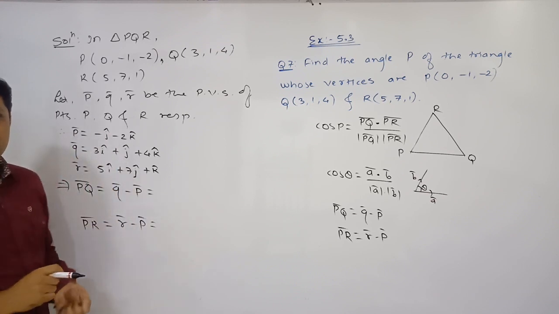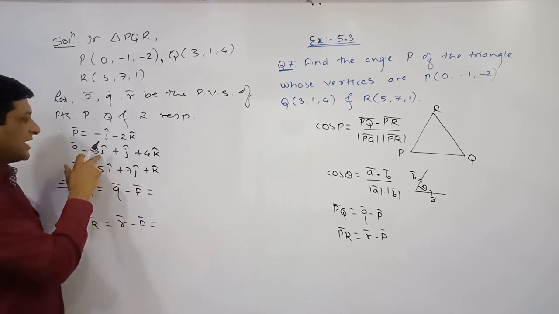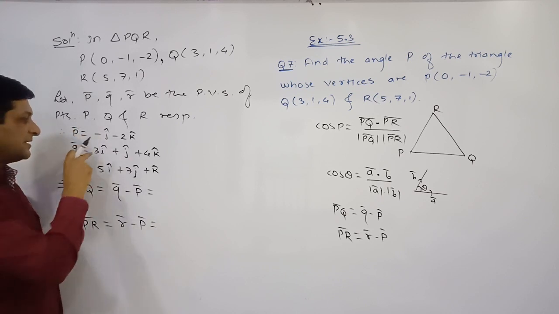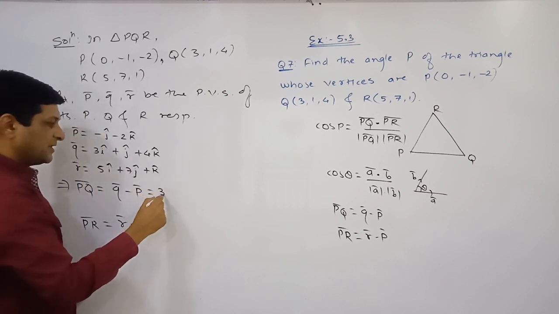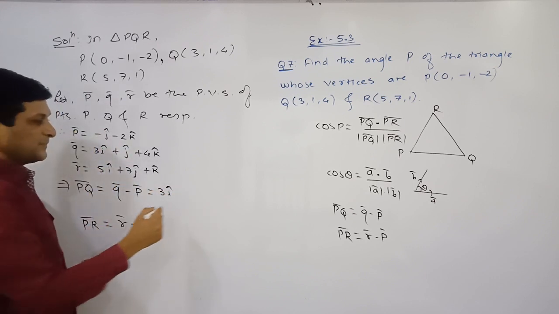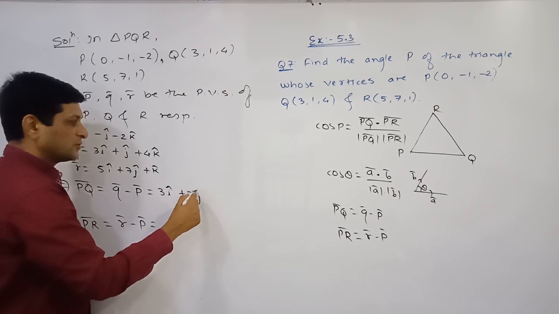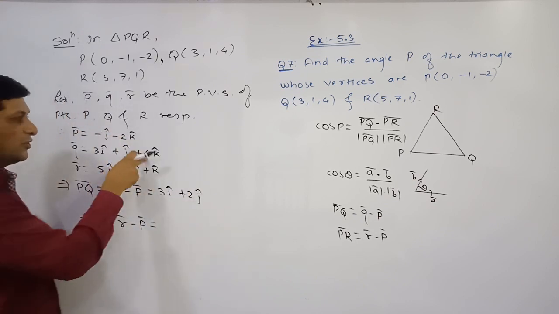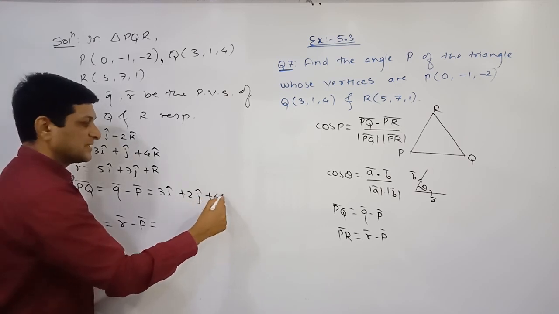Simply we are taking their subtraction. Now 3I minus 0I, here the term of I cap is absent, means 0I is there. 3I minus 0I will be equal to 3I cap. J minus minus means plus J. J plus J will be equal to 2J, and 4K minus minus means plus 2. 4 plus 2 will be equal to 6K cap.